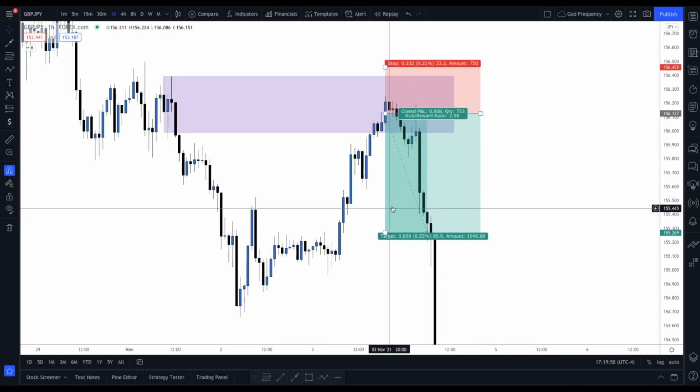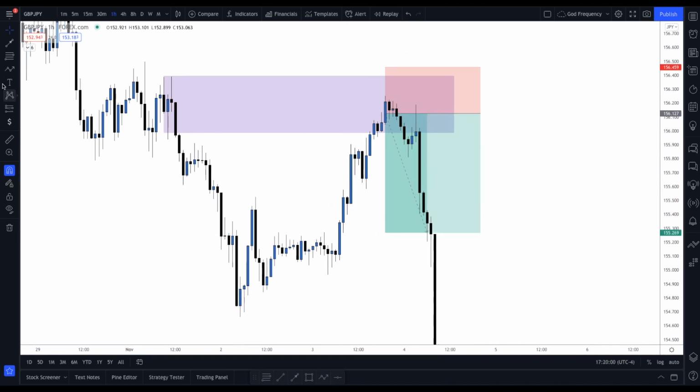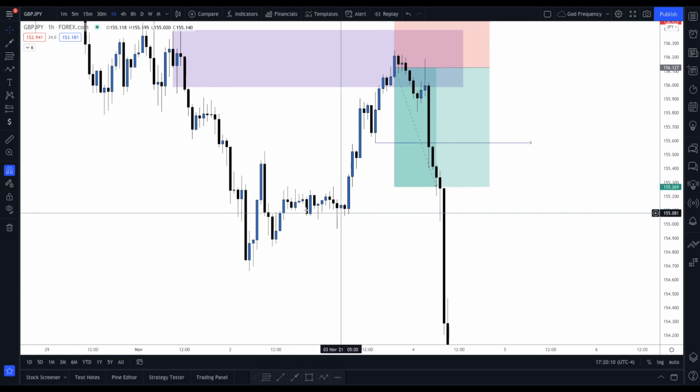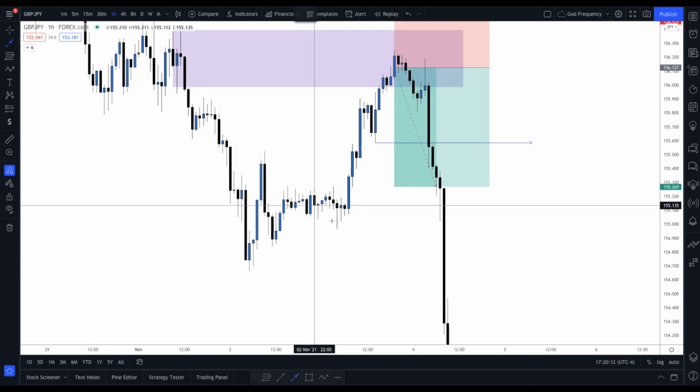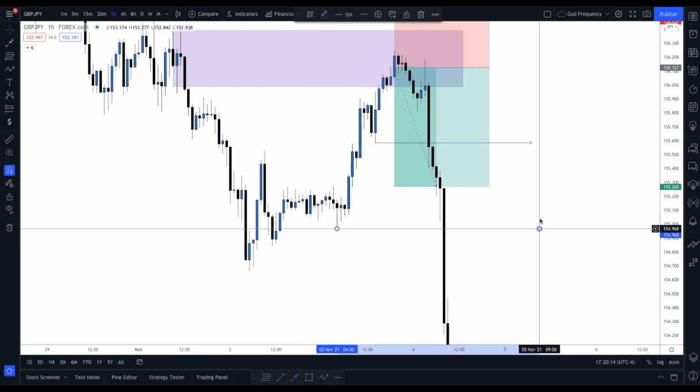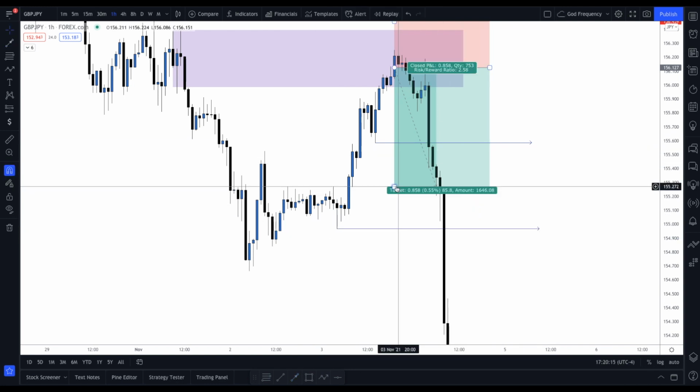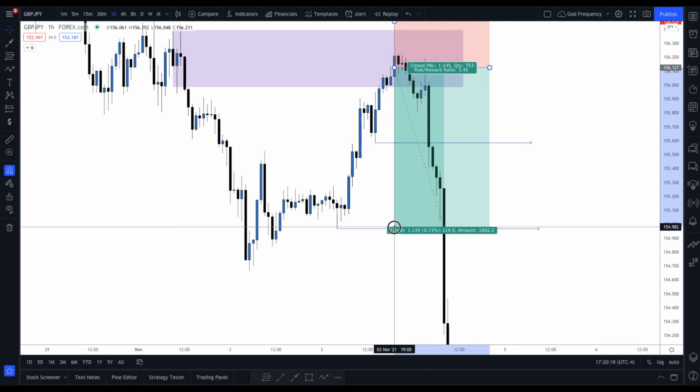If we're targeting these levels here, we'll be targeting sell side liquidity. So this could be TP1, and this could be TP2.